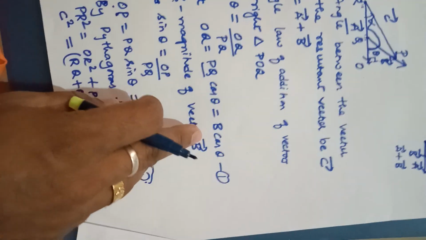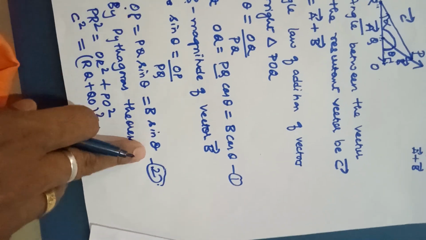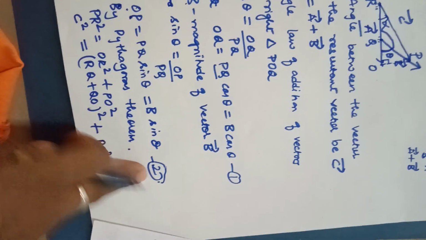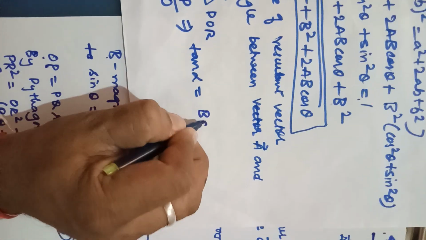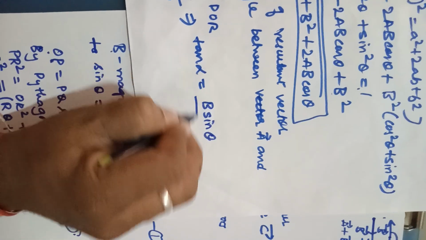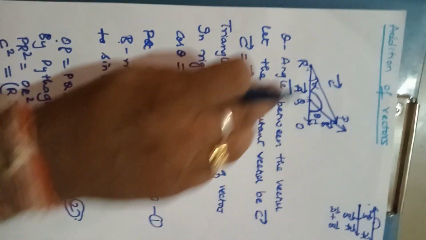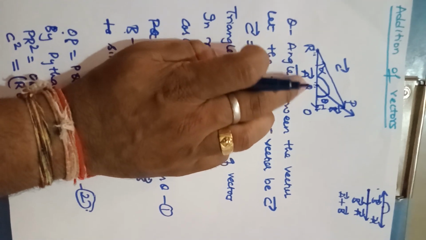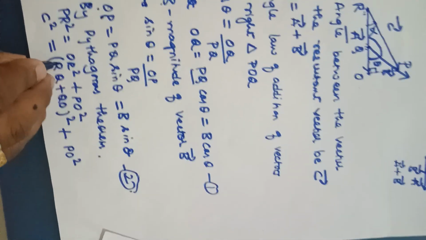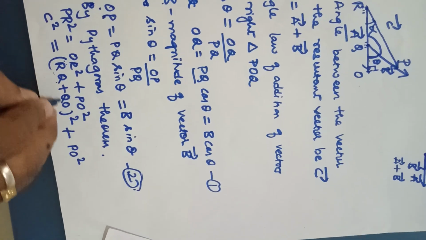From equation 2, OP is B sin theta. So in place of OP, I'll write B sin theta divided by, what is RO? RO or OR is nothing but RQ plus QO.